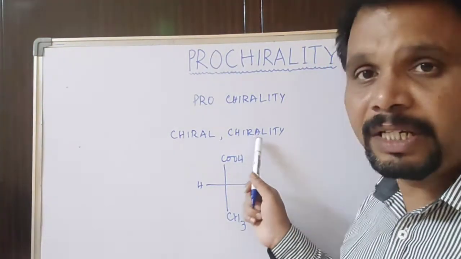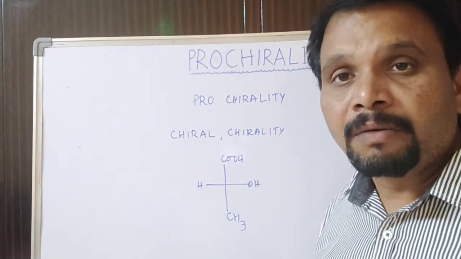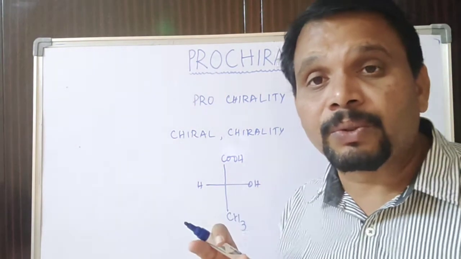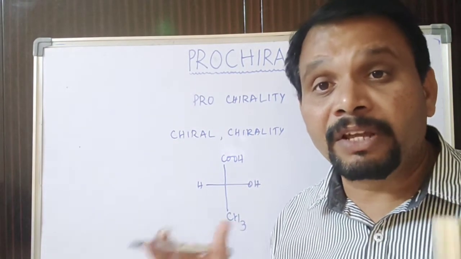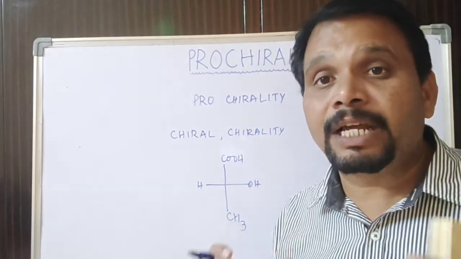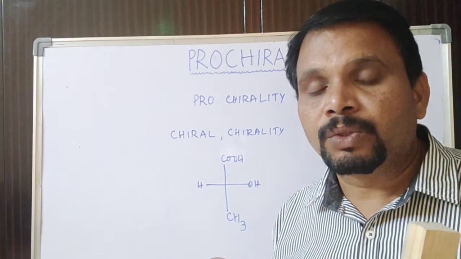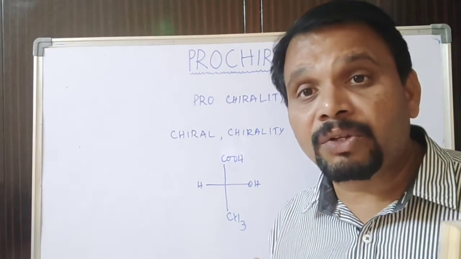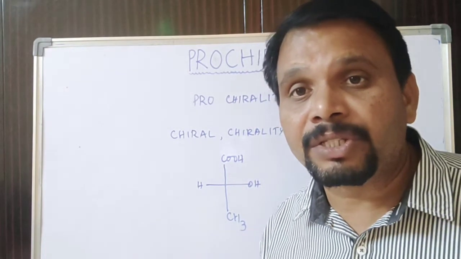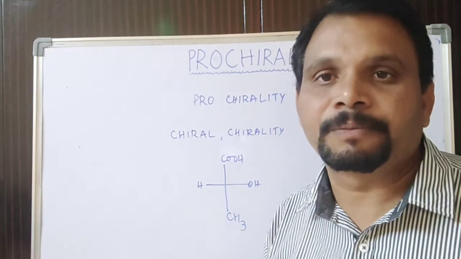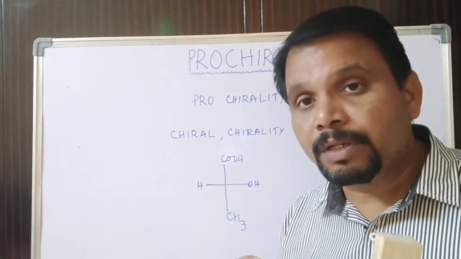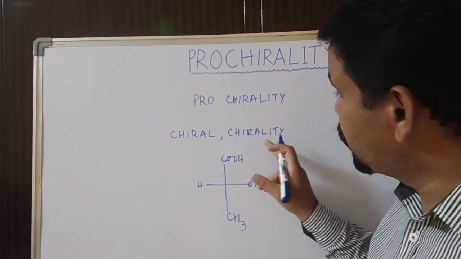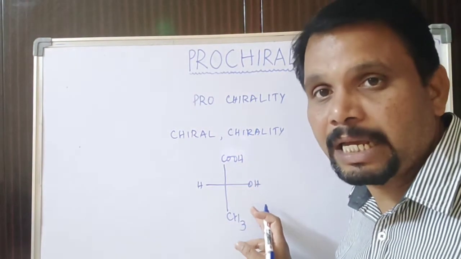So chirality is a property. With that property, the molecule is able to rotate plane polarized light. Therefore it is optically active. If a molecule is optically active, that means it is biologically active. So this property is known as chirality.